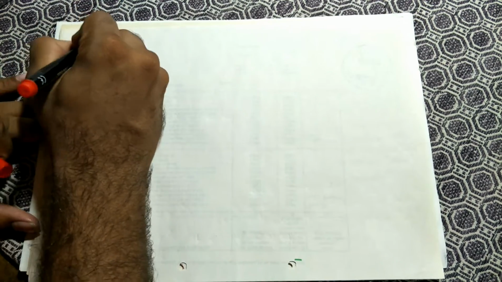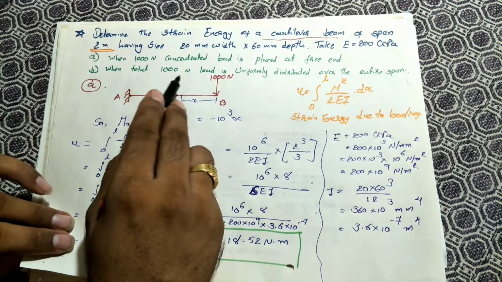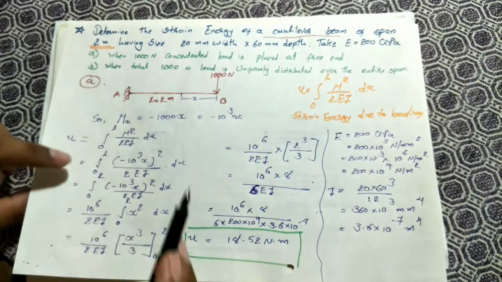So for a B case, what is your question? Your question is, when your 1000 Newton load is uniformly distributed over the entire span. So the procedure is same.